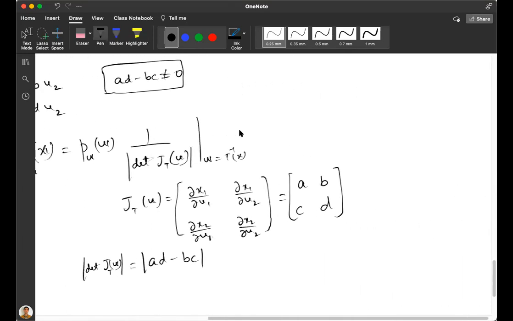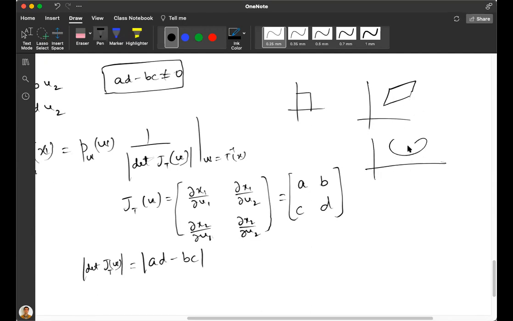For example, if this was your input block, it can be transformed in some linear ways. That's it. But you cannot obtain a distribution, let's say, of this shape. You can go from here to here, but can you go from here to here?